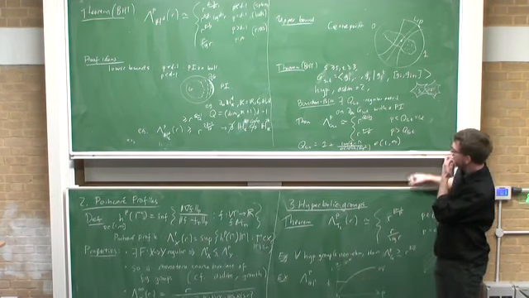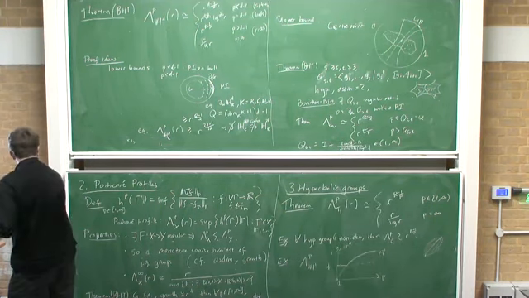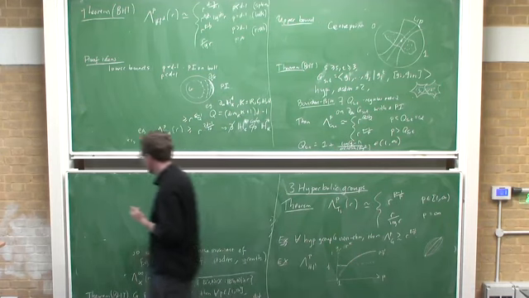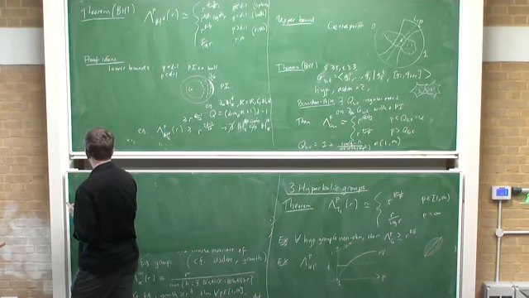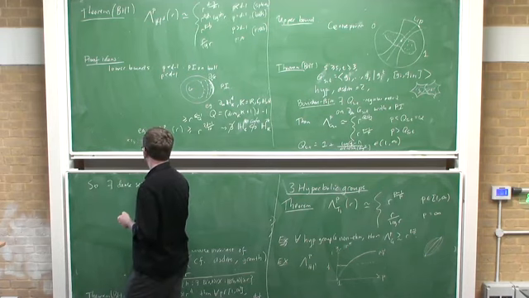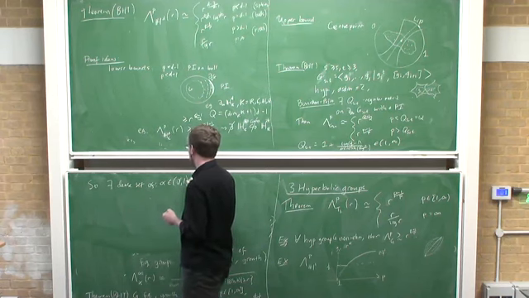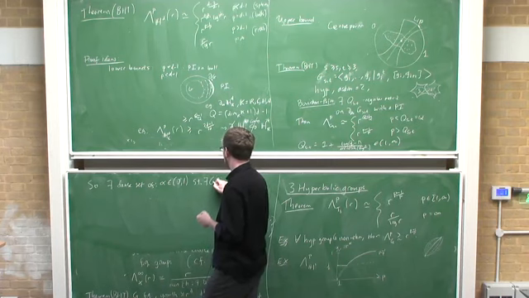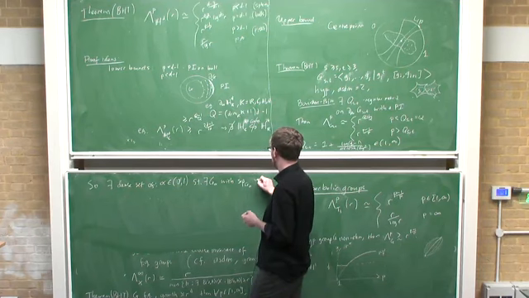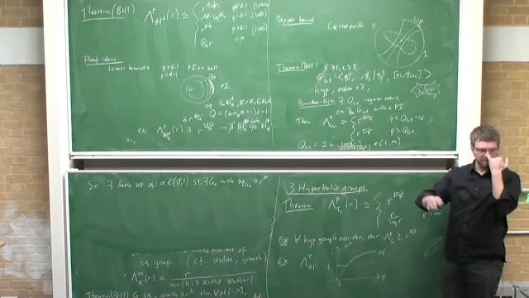So if we just think about P equals 1, this gives you a dense set of exponents possible for the separation.